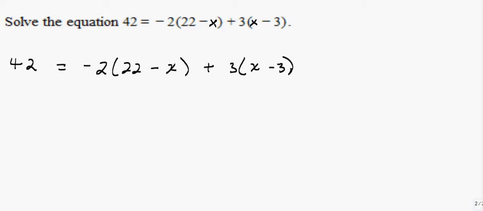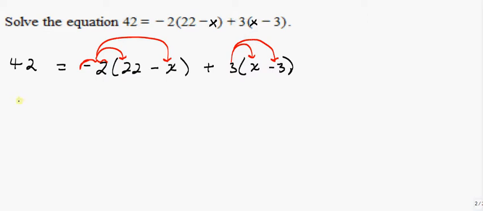We use the distributive property to do this. Remember what we have to do. We have to take the -2 and distribute it all the way through the parentheses here. The negative has to go through as well as the 2. And then here is just a +3 that's going to multiply through.